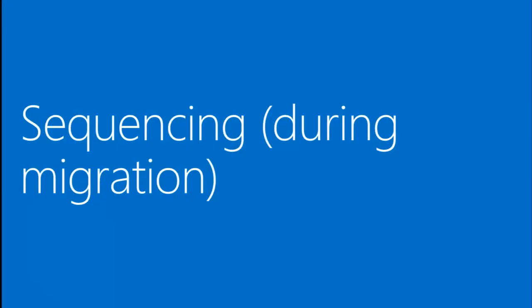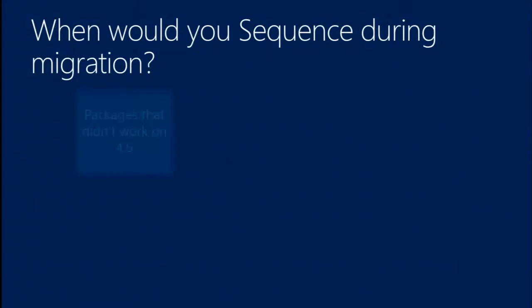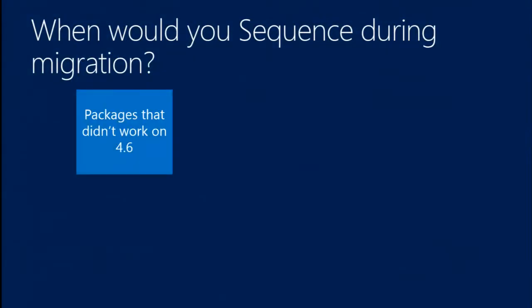Okay. So let's talk about why you would want to sequence as part of this migration process. Well, one is the obvious one, that the packages don't work on App-V 4.6. The other one is that you might want that whole list of extension points that did not exist in 4.6.